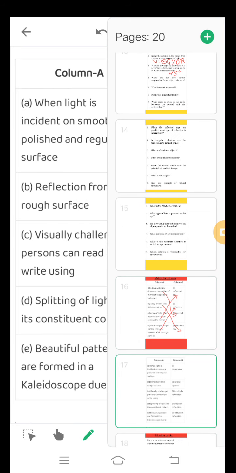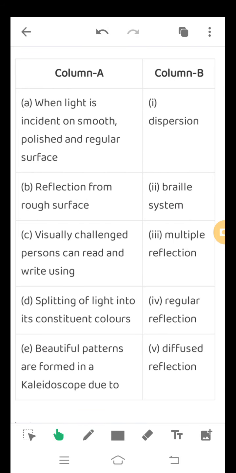Here we have one more set of match the column. In column B, what answers are given? Dispersion, Braille system, multiple reflection, regular reflection, diffuse reflection. Now, first is when light is incident on smooth, polished and regular surface, it will result into regular reflection.